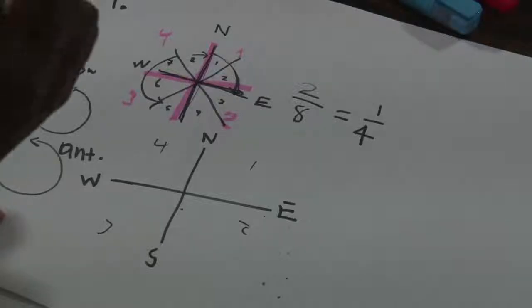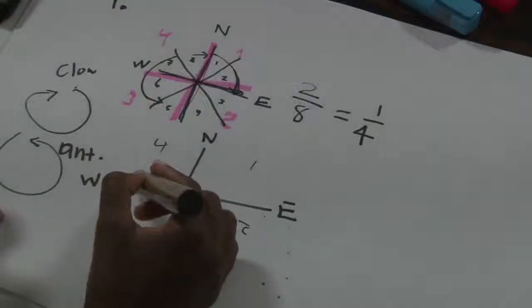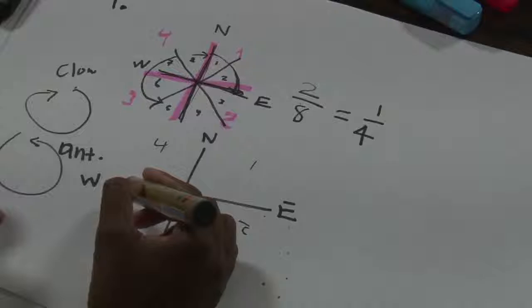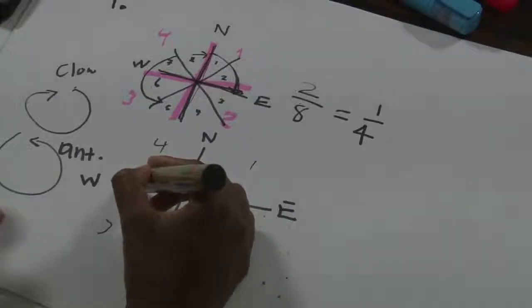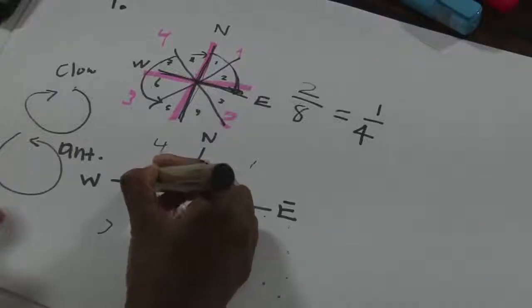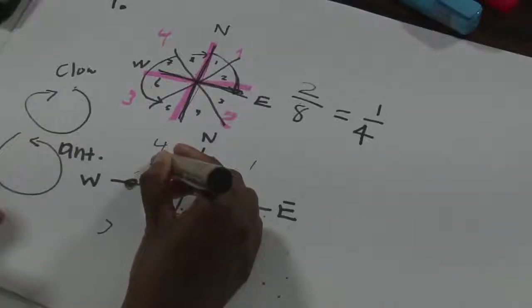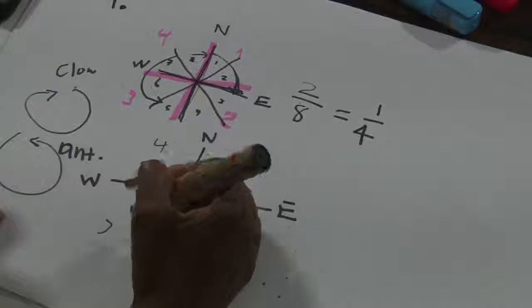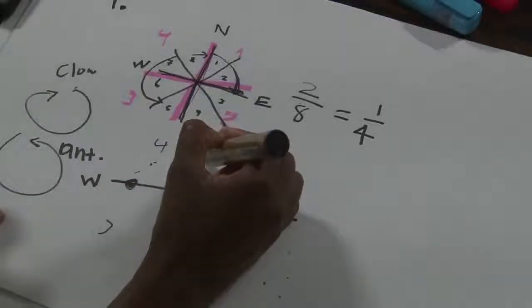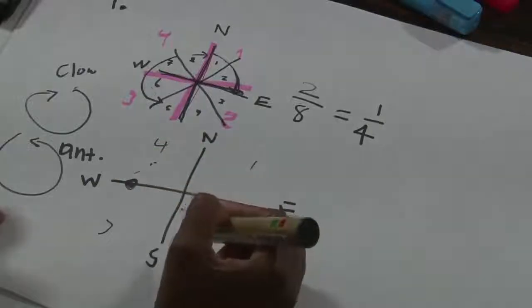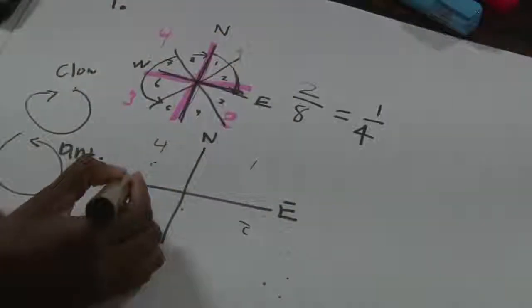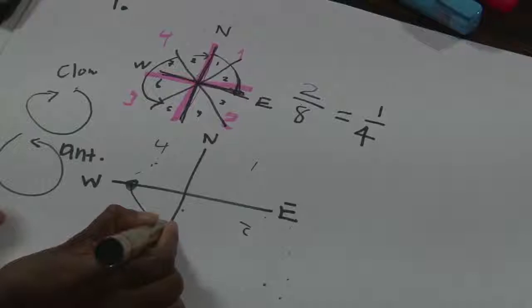So what direction does she face if she turns anti-clockwise? Anti-clockwise, it means that from west it is either this direction or this direction. But we said if we go this way, it's clockwise. So we have to go the opposite of clockwise. So it's anti-clockwise. So this person went this way.